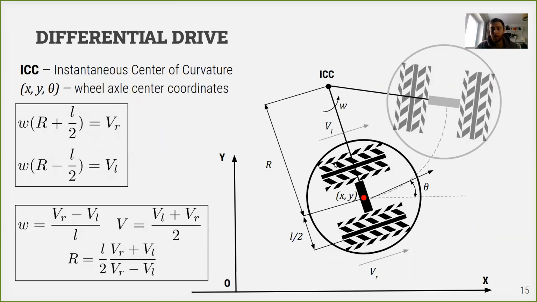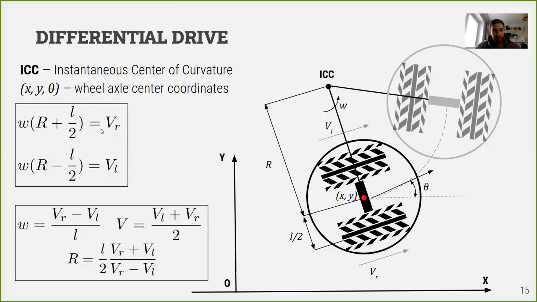It is called wheelbase, and it is the distance between the centers of the two wheels of the robot. So L is the distance between two wheels, and half of L is the distance between the center of our axle and the center of our right wheel.